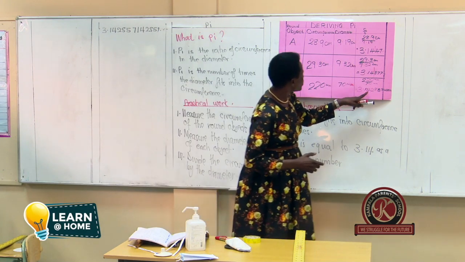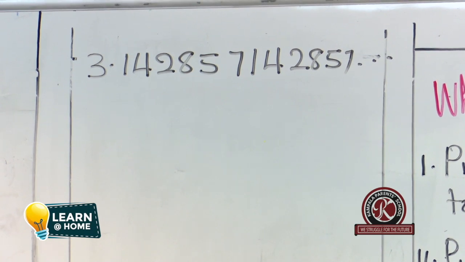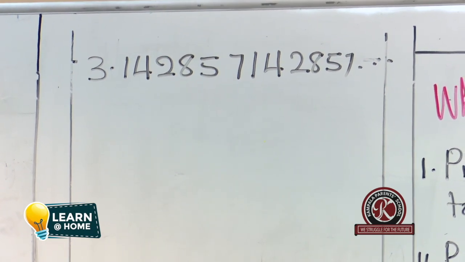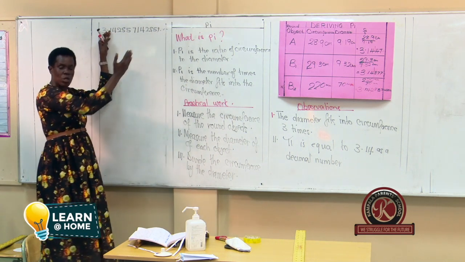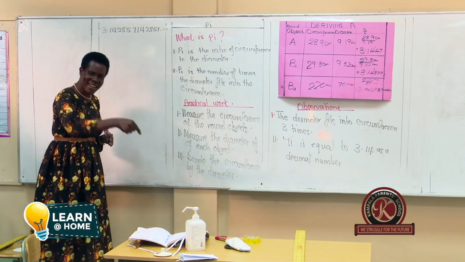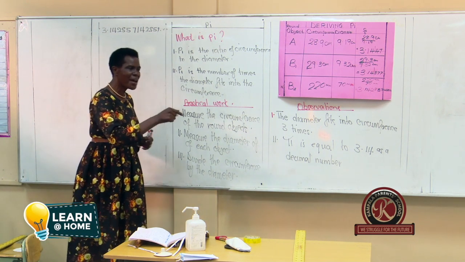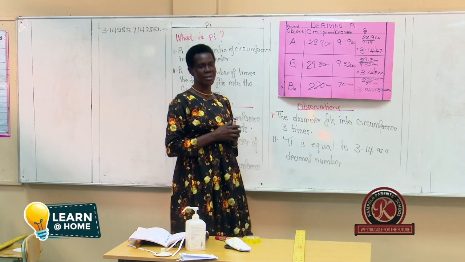That is what we have got. 142,857, 142,857. But I want to take only this part. At times they give us questions that change or express this recurring decimal to a common fraction.